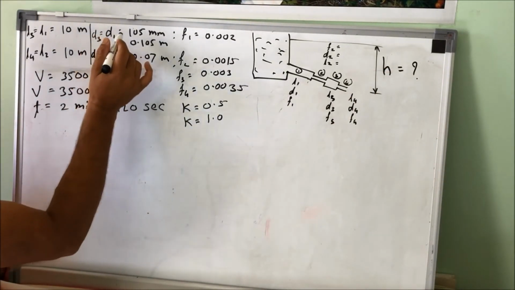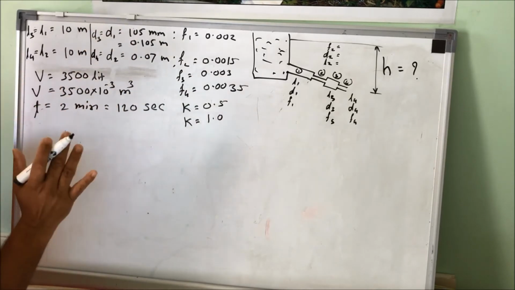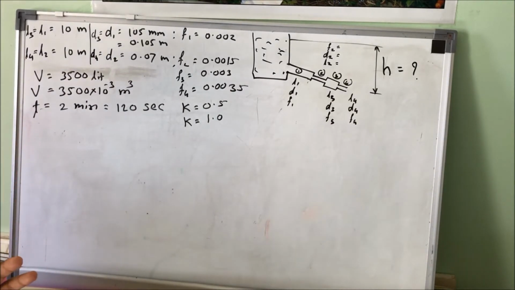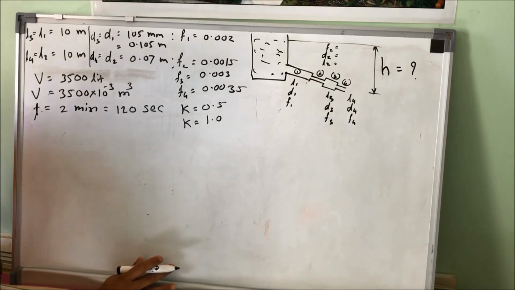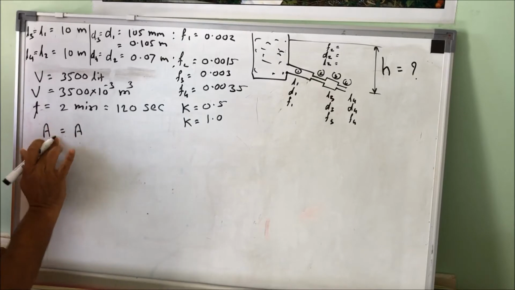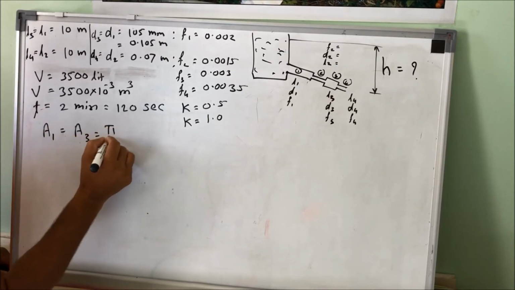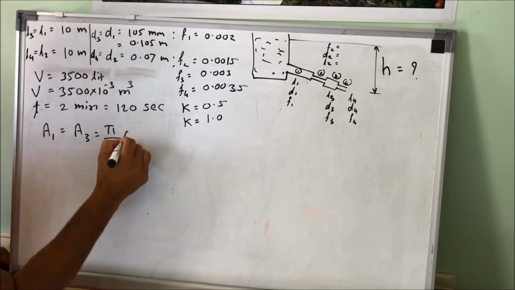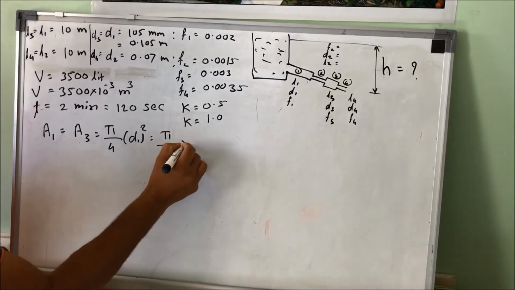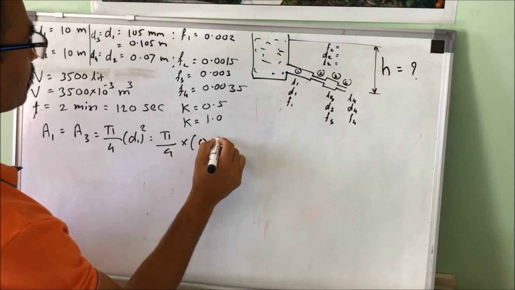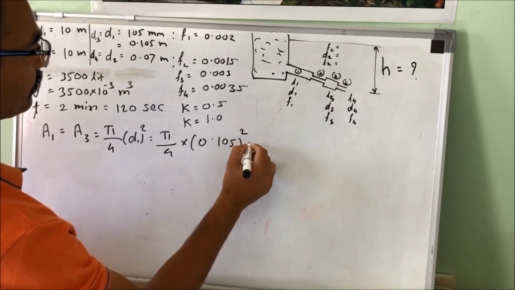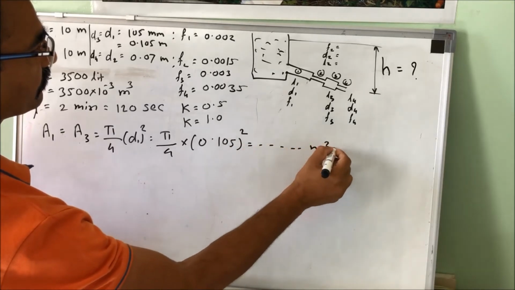Now first, I know the diameter. See the flow chart. You know diameter, calculate area, calculate discharge, calculate velocity. If you know the velocity, the rest is finished. We'll calculate the area. So area 1 is equal to area 3, equal to pi by 4 d square, so pi by 4 into 0.105 square is equal to dash meter square.